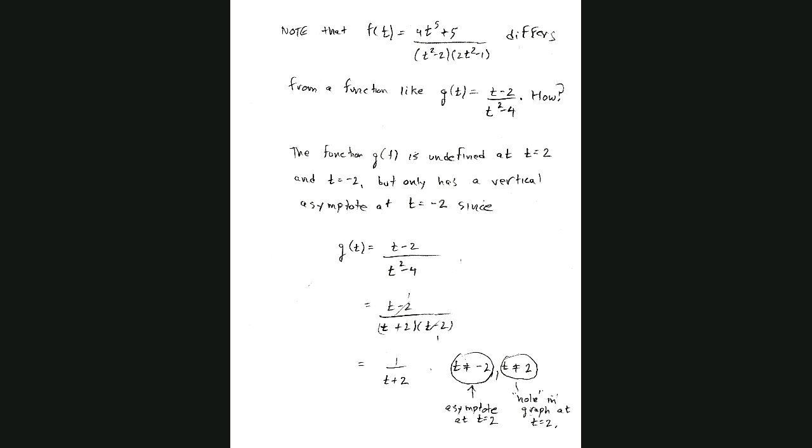So note that this function differs from a function like g of t equals t minus 2 over t squared minus 4. Okay. What's the difference here? I'm just lecturing it out to you because you've seen it before.